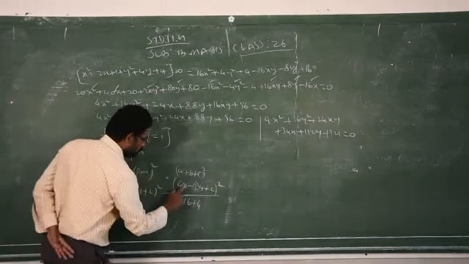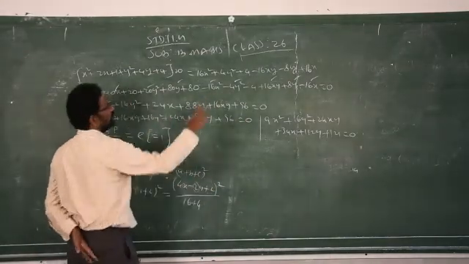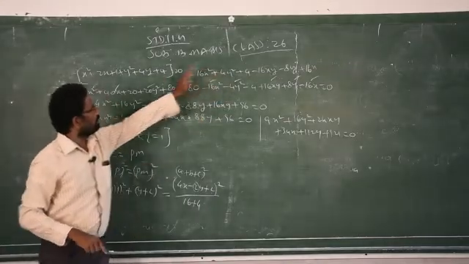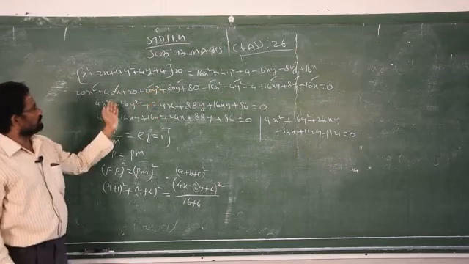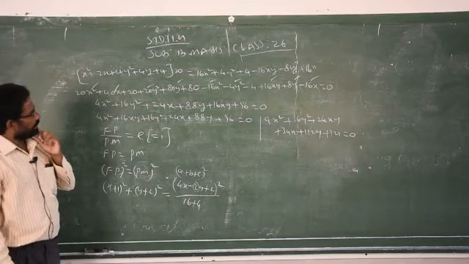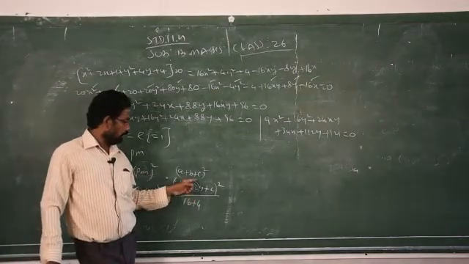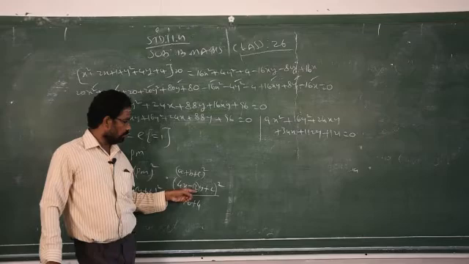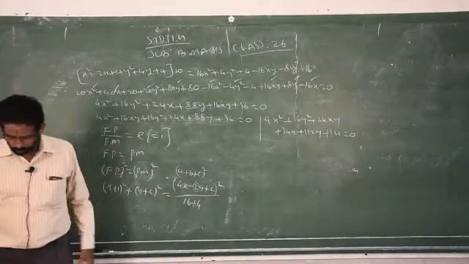Then multiply the first 2, 4 2s are 8x, 8x into 2, 16x. Then you have to transfer all the terms to the left side. Then you have to group the like terms and simplify, you will get the answer. Clear? So here I changed, instead of 3y, I took 2, so I got a different answer. But you have to do it at home with 3y.